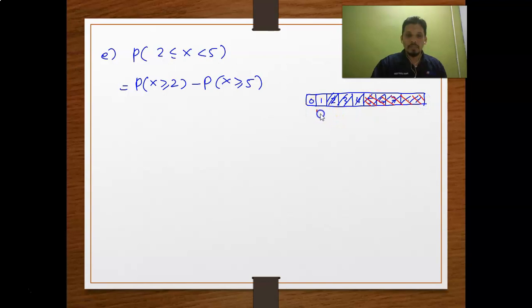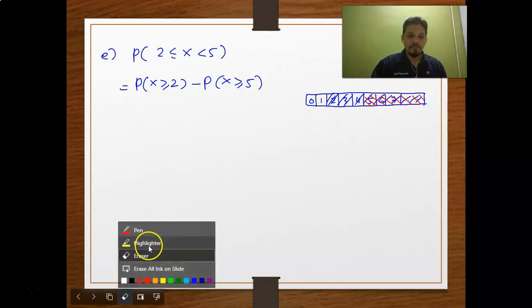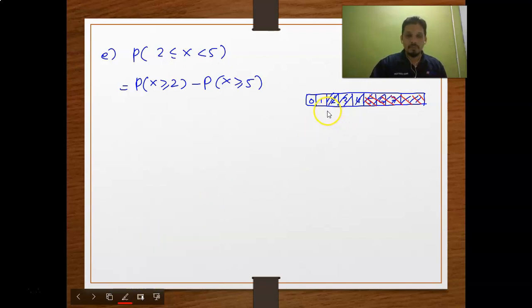Then we get the values from x equal to 2 until 4.